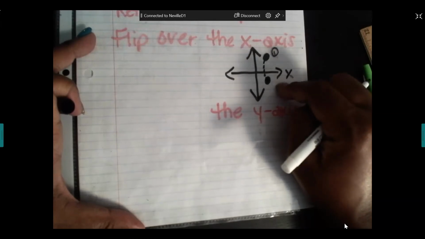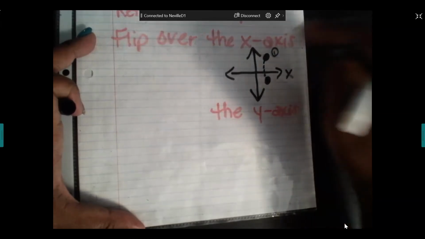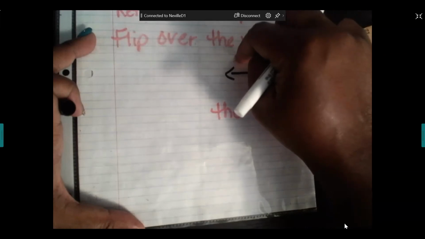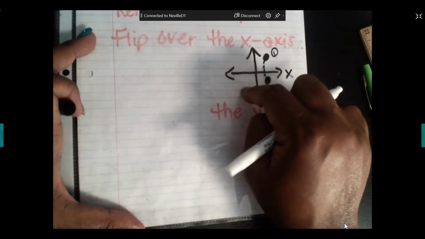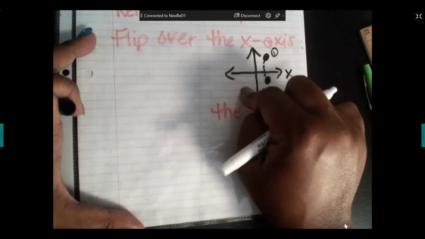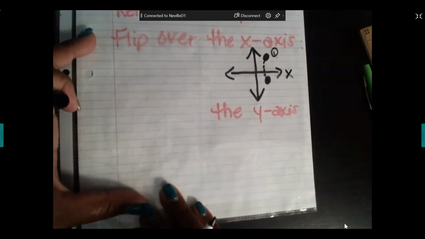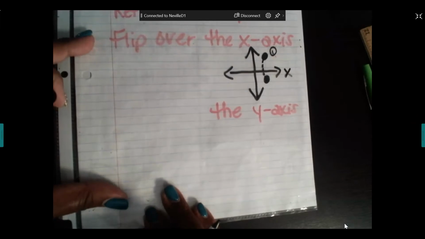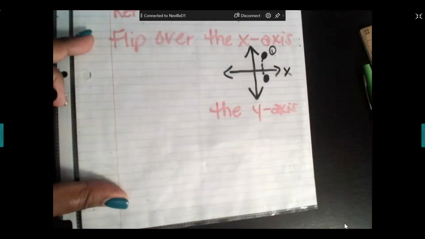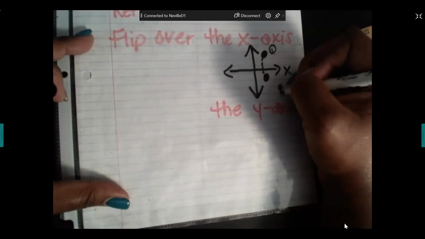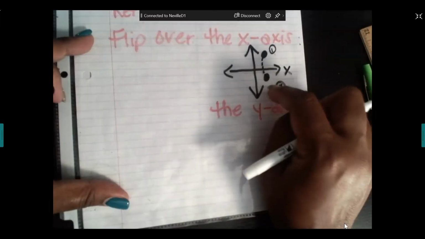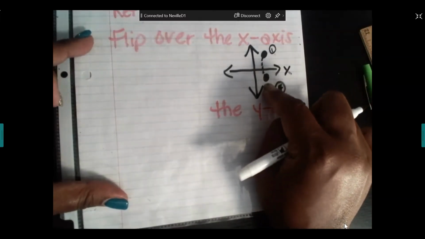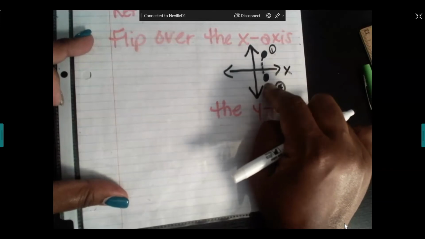In quadrant 4, okay? If I'm flipping a point from quadrant 2, where will it end up over the x-axis? Quadrant 3. Very good. So we want to understand that when we're flipping over that axis, we're going to see a change in that address or that ordered pair.